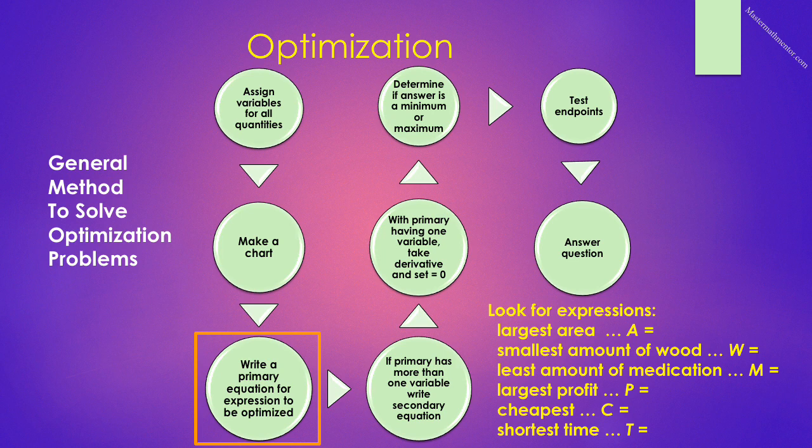If you wanted the least amount of medication, then your primary equation would be in the form of M equals. If you want to maximize the profit, get the largest possible profit, then your statement is P equals. If you want to do something with the least cost, then your expression is C equals.